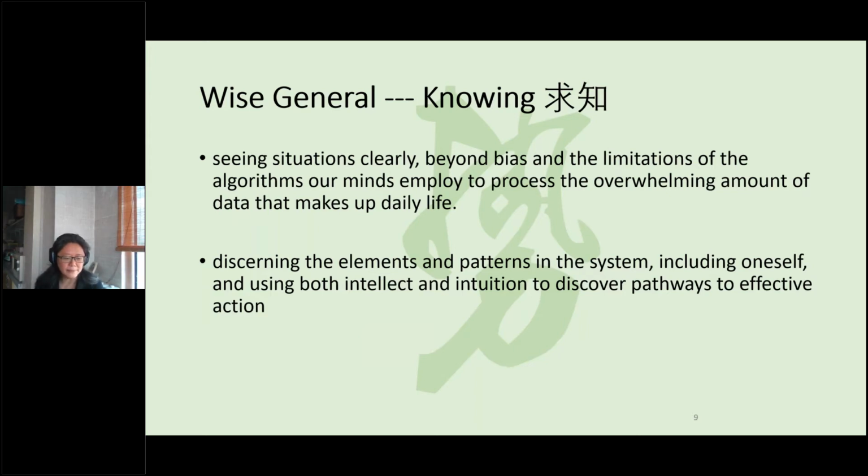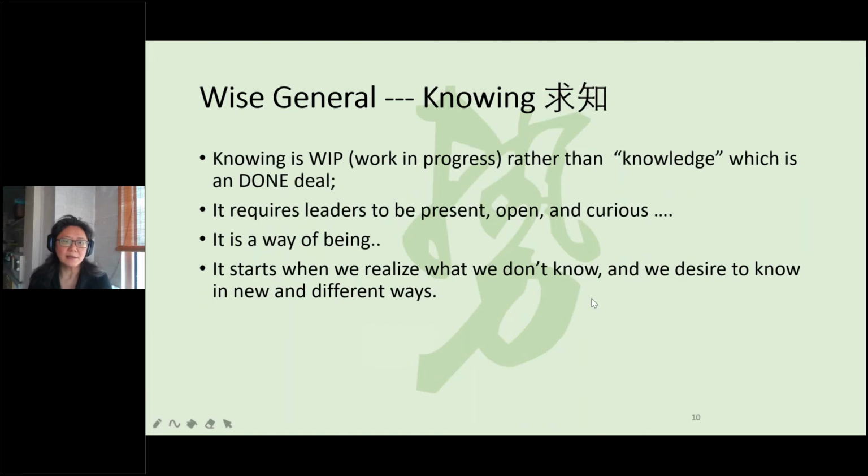There's a very important difference: knowing is something like a work in progress, rather than the knowledge we most often talk about, which is more of a done deal. It's achieved, I have acquired knowledge. So that's the first difference.